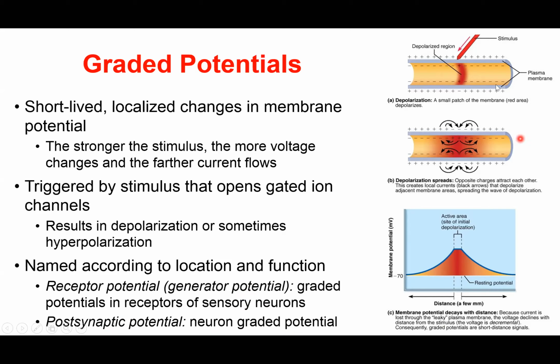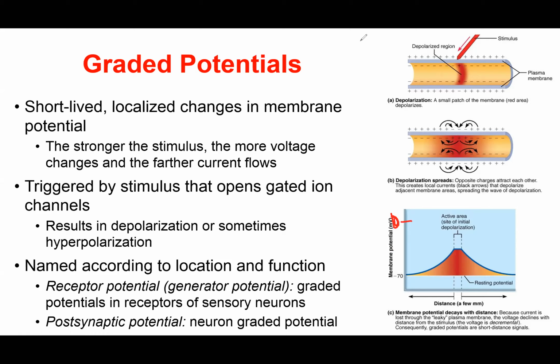But as a whole, you can see that if the original stimulus is right in this section on the neuron, that section will be highly depolarized or move more towards zero. So if on this number line we had 0 being maybe here, right?